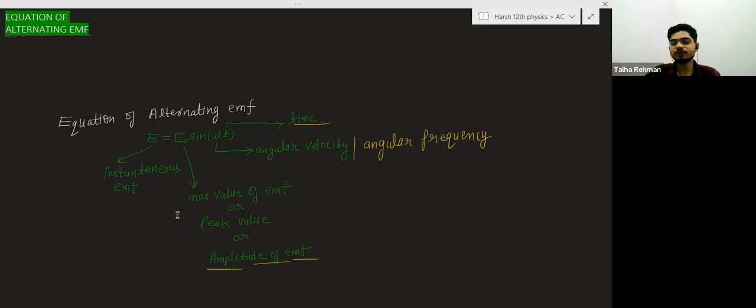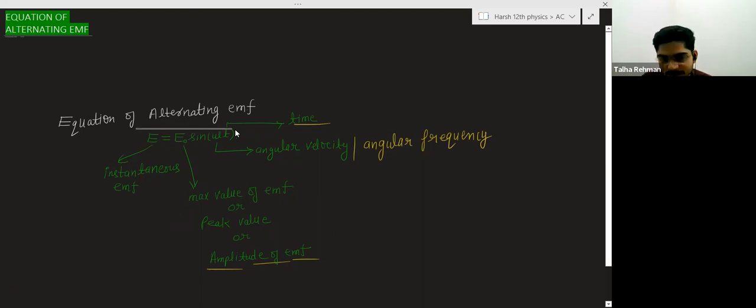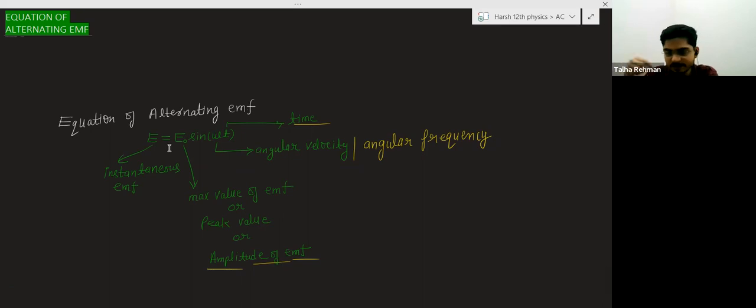So basically, for the type of functions that change with time or with distance, we calculate the average value. So now we will calculate the average value for a full cycle, that is, for one rotation of the coil.